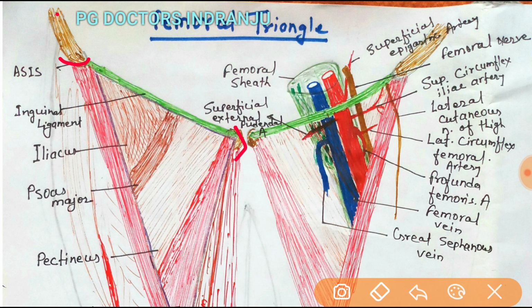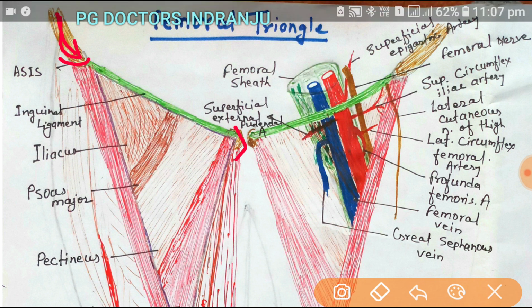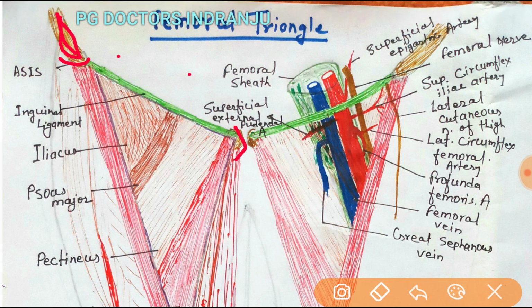That means this is the hip bone, the iliac bone, and below that the anterior inferior iliac spine. Above this, connecting to the anterior superior iliac spine, there is a ligament known as the inguinal ligament.